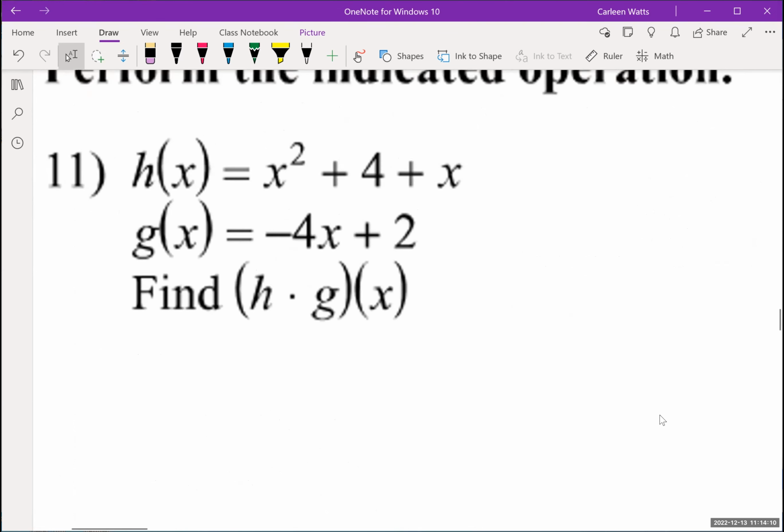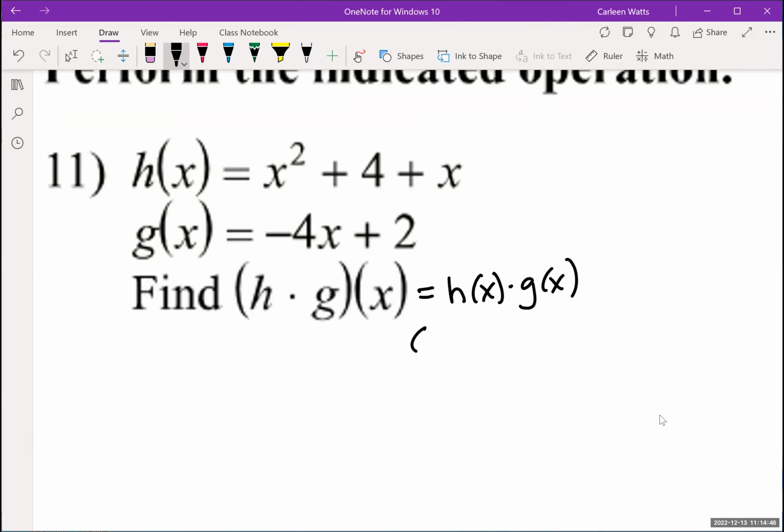When we have a dot, that means multiply. Okay, so we're going to multiply.